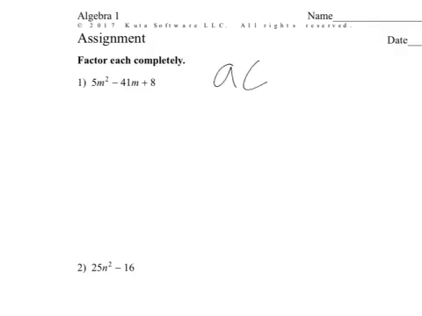What you're going to do is multiply the first coefficient by the last term, and then pretend that the 5 is gone for a minute. So I'm going to write m squared minus 41m plus 40.